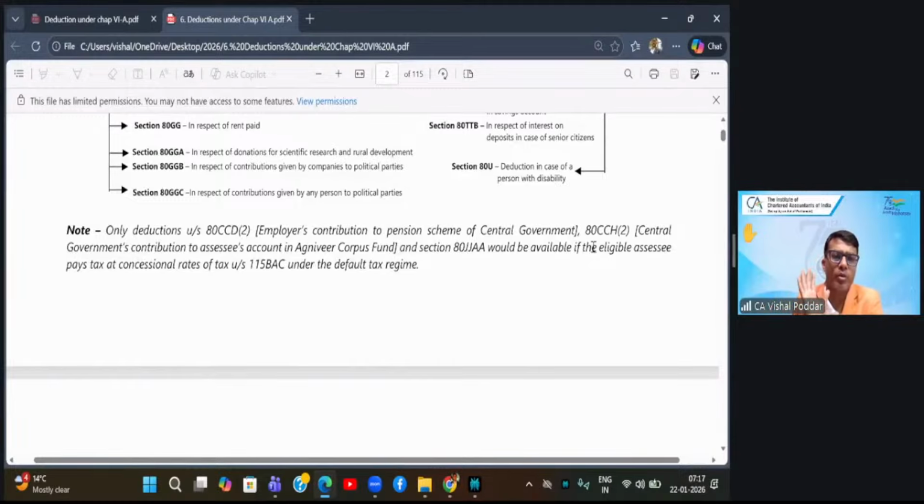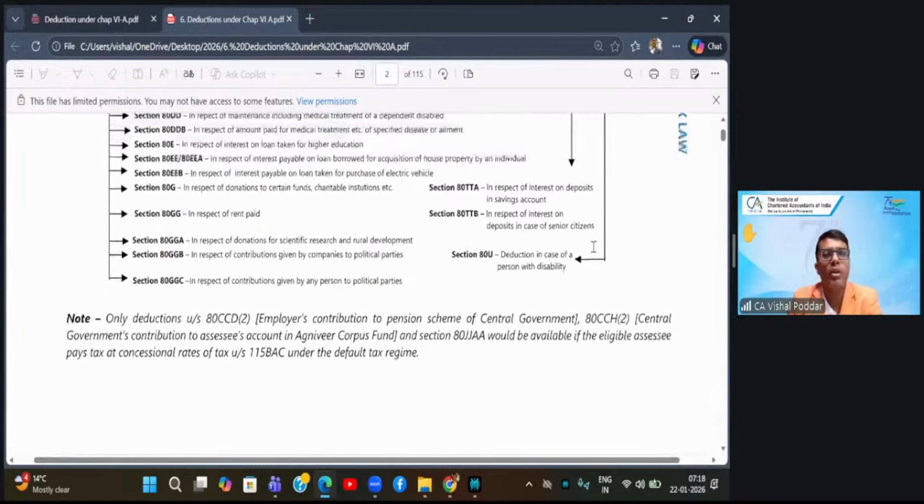All these we are going to study in detail. So you have to remember, out of the entire chapter, which today has more than 50 deductions, you are allowed to claim deduction under only 3 of the 50 sections if you are in the new regime or the default regime. So wherever you are following the new regime, it is as good as this chapter is not applicable to you, because there are only 3 sections applicable. All these deductions are allowed only in the old regime.